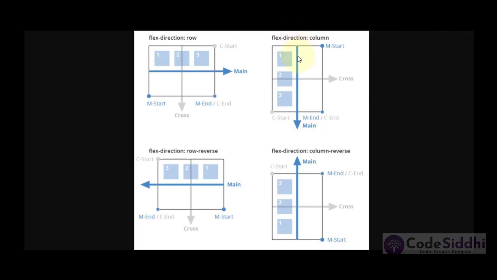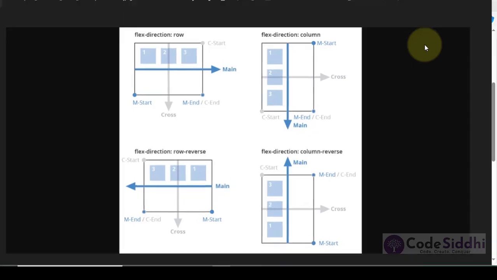Here, justify content will decide whether the items, widgets or elements within this container should be on top, center, or bottom. And the same way, if this is the cross axis, then the align items property will decide whether the item should be on left, center, or right. So let's see this in action.